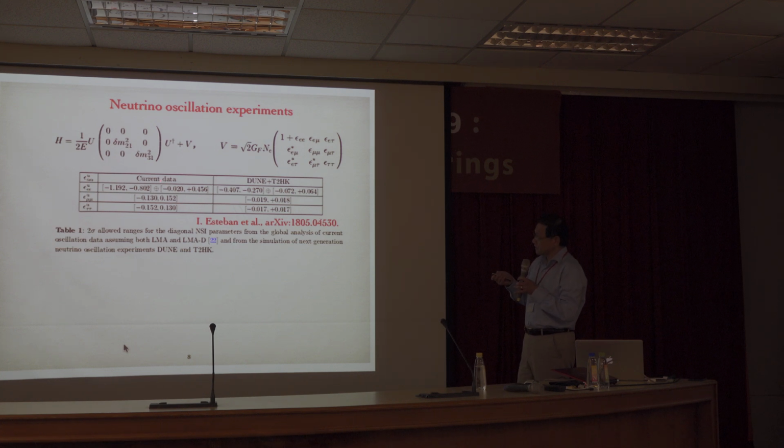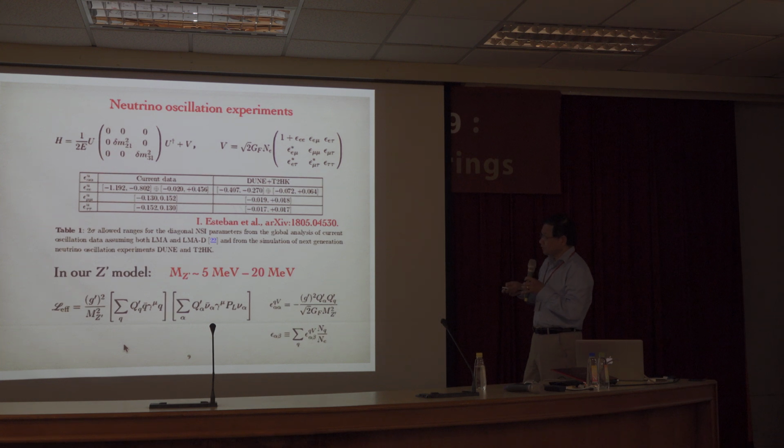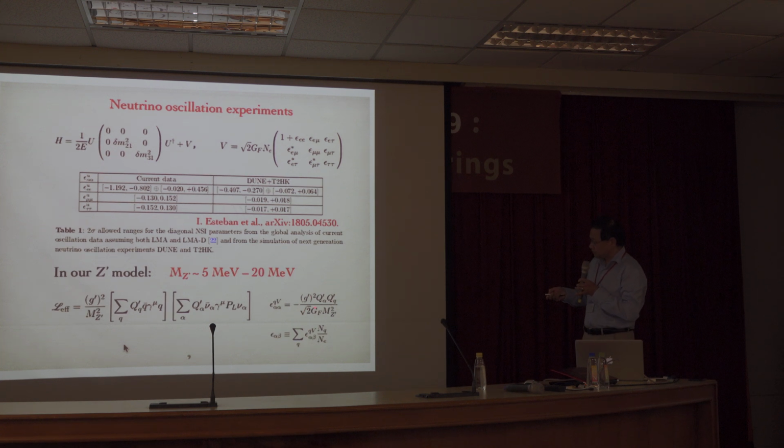Those are the input parameter ranges from the current data, and then we will calculate from our given theory. For our given theory, we are able to calculate these things by propagating this Z prime in the exact way. We don't make an approximation. But at low energy, for neutrino oscillation data, even starting from a few MeV, which is already very low energy, the effective parameterization is valid.